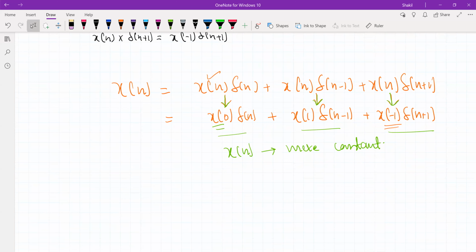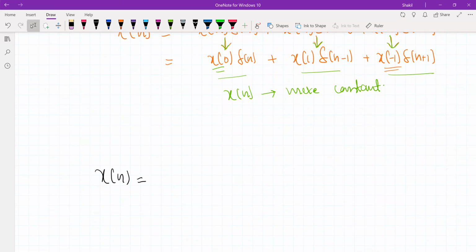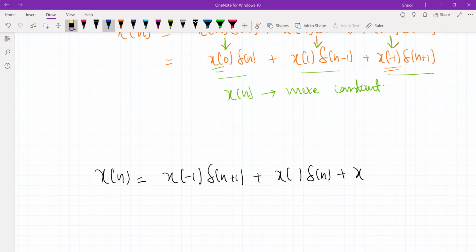Now let's generalize this result. Let me write this statement for x of n one more time, and let me write the last term first. So this is x of minus 1 delta n plus 1, then x of 0 delta n, plus x of 1 delta n minus 1.